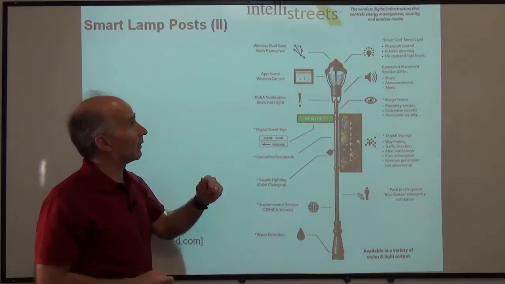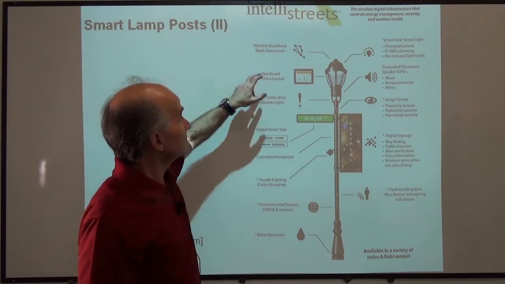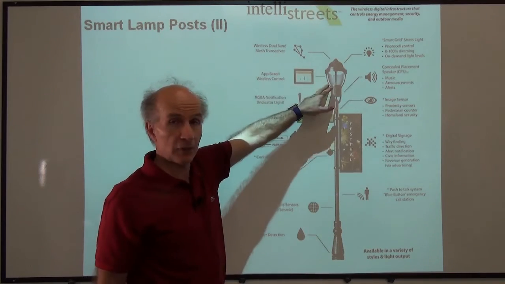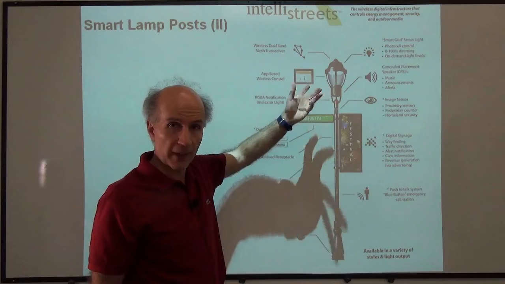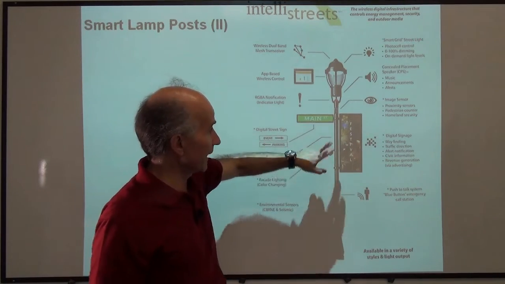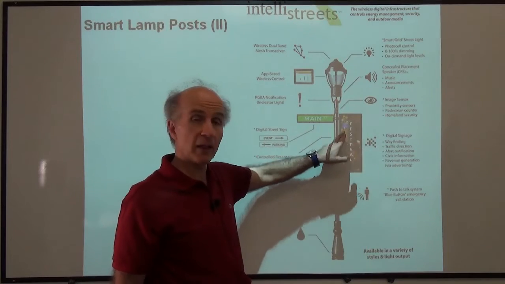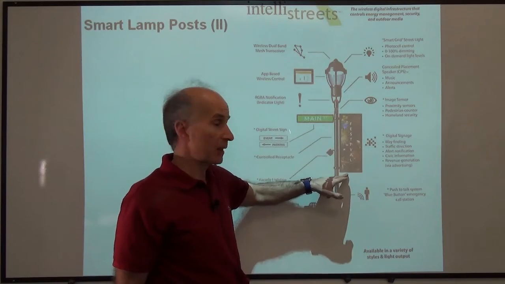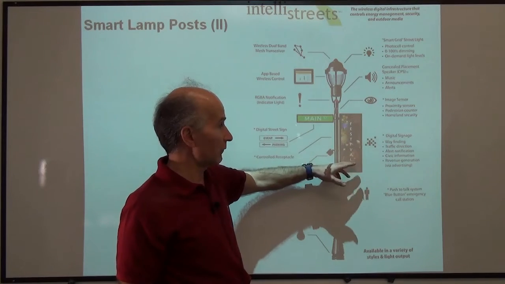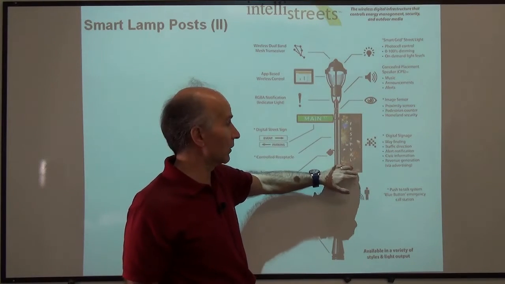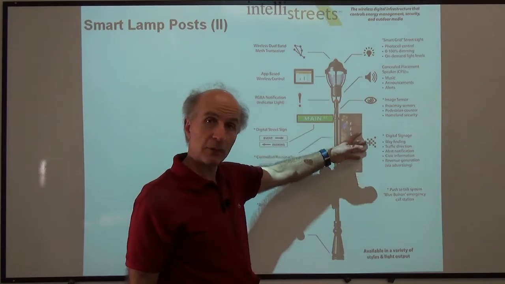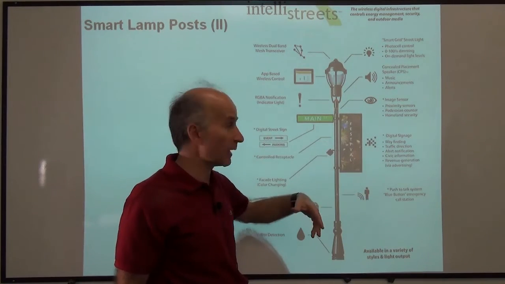Now the font size is small, but I'll read them to you. We see that, for example, you can have wireless transceivers attached to this, so Wi-Fi, Bluetooth, that sort of thing. We can have, for example, digital signs here, like a display, that show various information, for example, traffic direction or advertising and so forth. These are just simple digital displays.